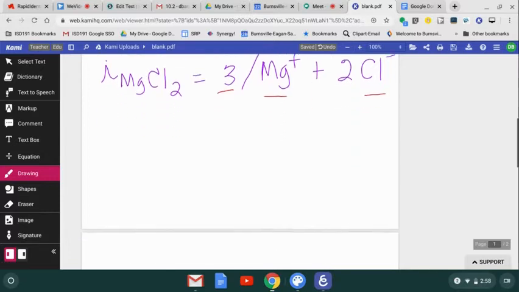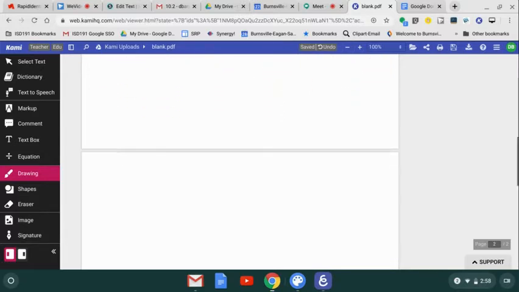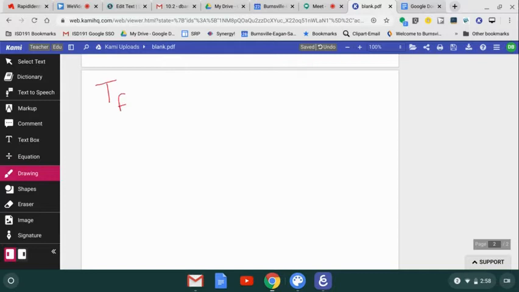So the way that this works, let's go ahead and assume that we are trying to find the freezing point when we add 100 grams of magnesium chloride to 100 grams of water.